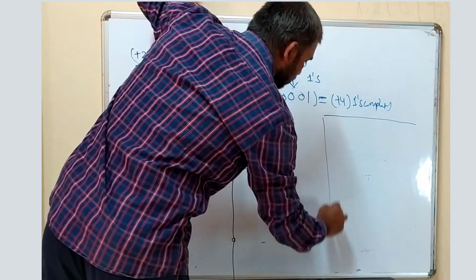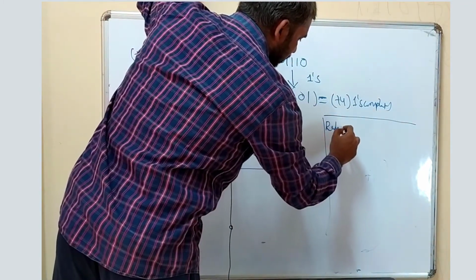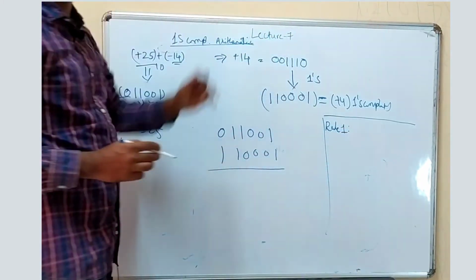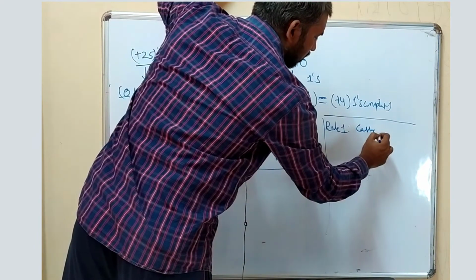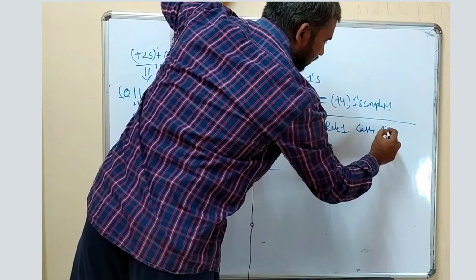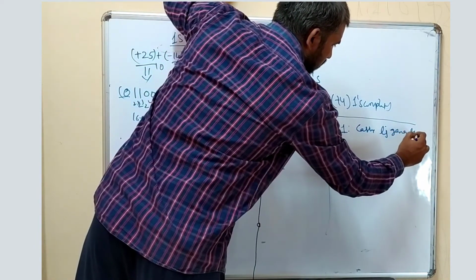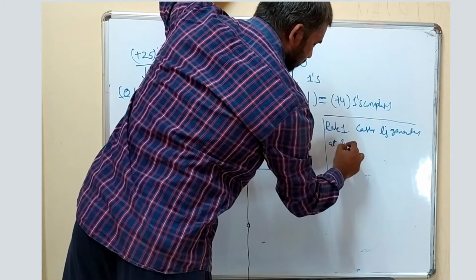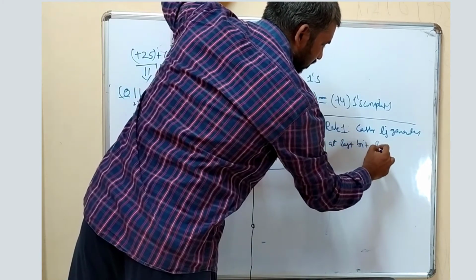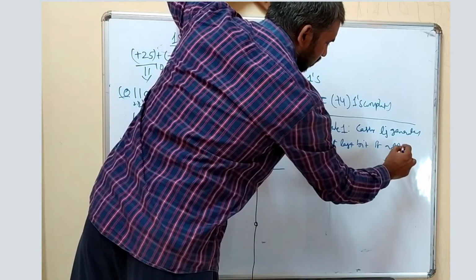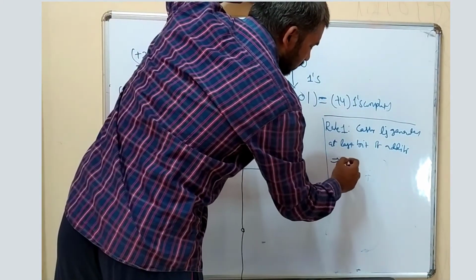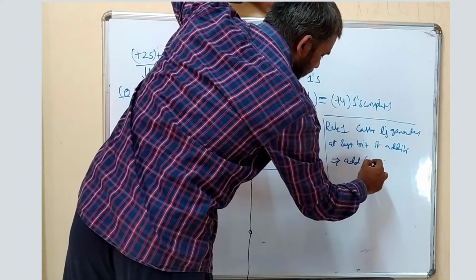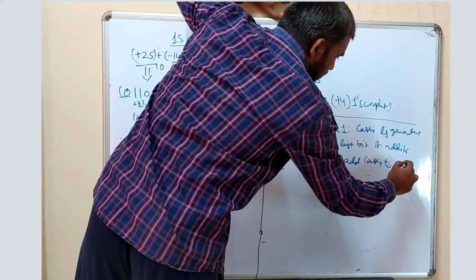The rule number 1: if a carry is generated at the last bit of the addition, what you do is you add that carry to the LSB of the sum.